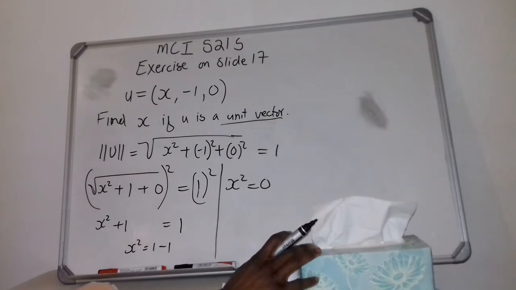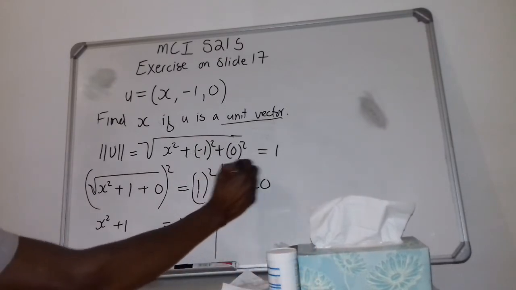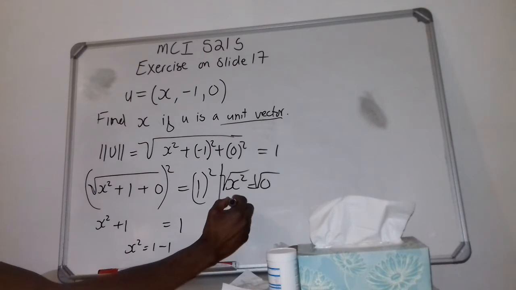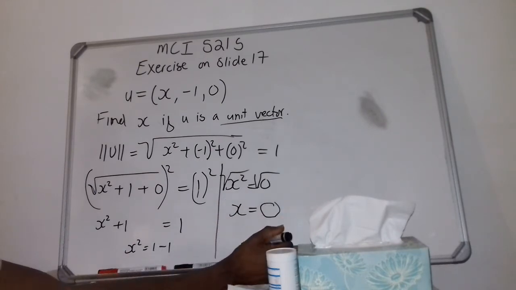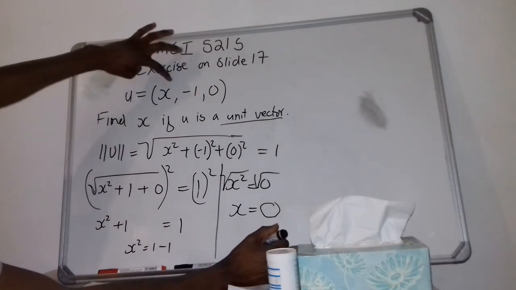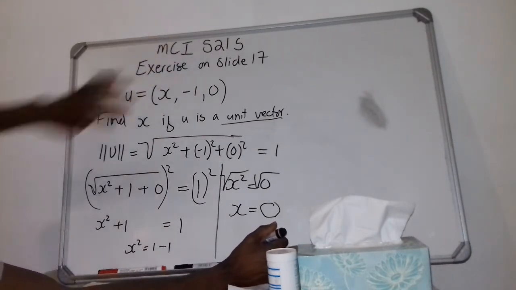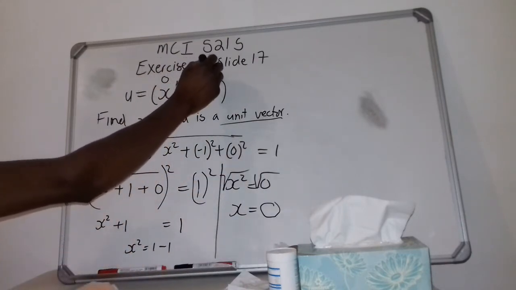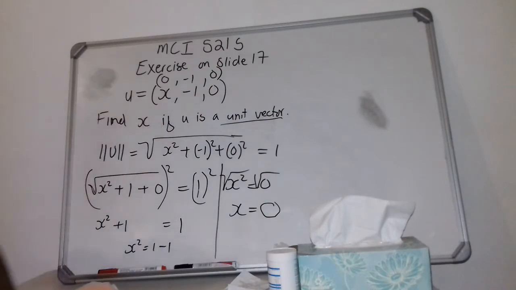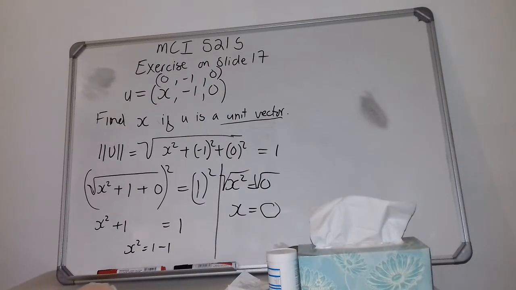If I take a square root on both sides, I end up with x equal to 0. So that's how I work it out. Meaning that this is 0. Let's put it in: 0, minus 1, 0. That looks like a unit vector. That's how I work it out.